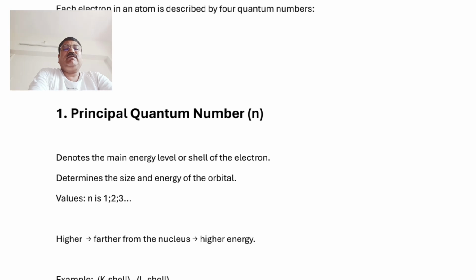It also determines the size of the orbital, that is, an orbital close to the nucleus has a smaller size, while for an atomic orbital far away from the nucleus, the principal quantum number increases, and no doubt it always has higher energy. Principal quantum numbers are whole numbers, that is 1, 2, 3, 4, and never 0.